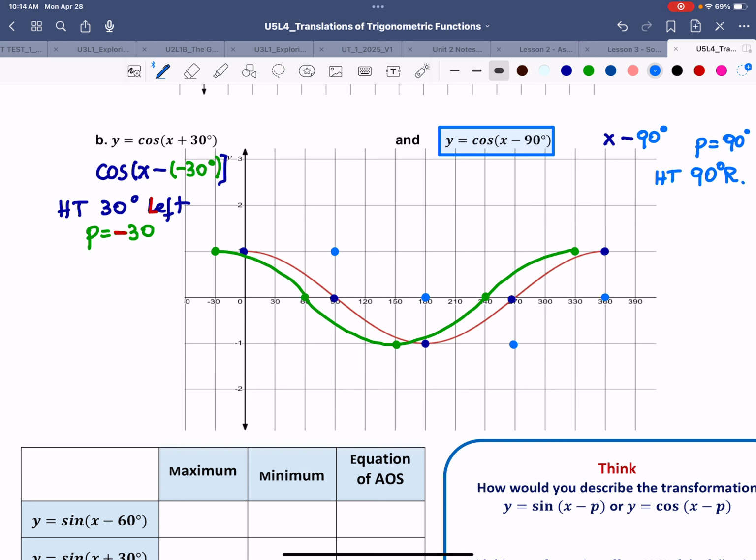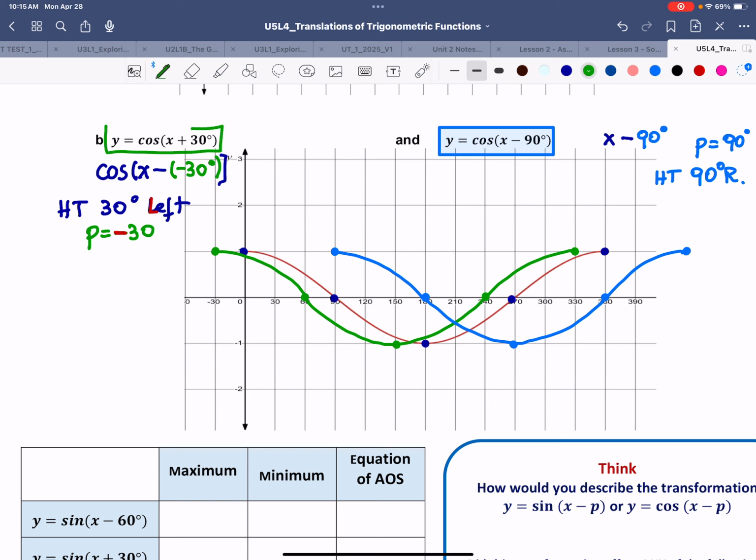And the last one will also be 90 degrees to the right, which seems to be a little bit off the grid, but I'm just going to estimate it in this case. Connect the dots, and voila, this would be the graph of cosine of x minus 90.